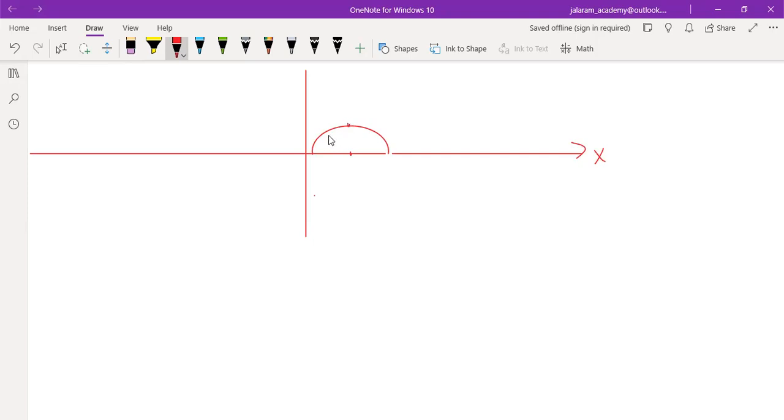So at every point from A to B, function is which type of function? If we draw tangent between increasing, tangent at any point between A and B, which type of slope we will obtain? Positive. Slope of tangent is positive.